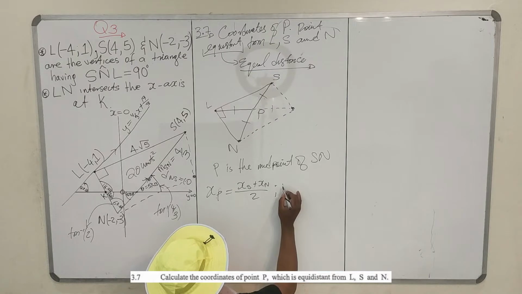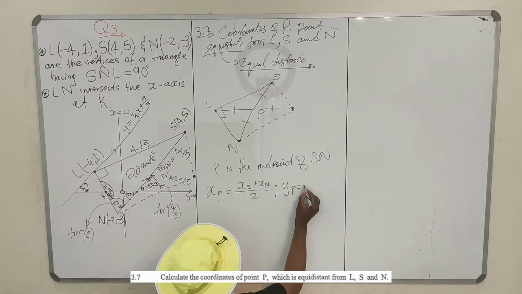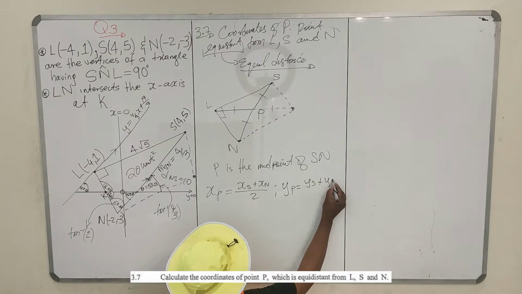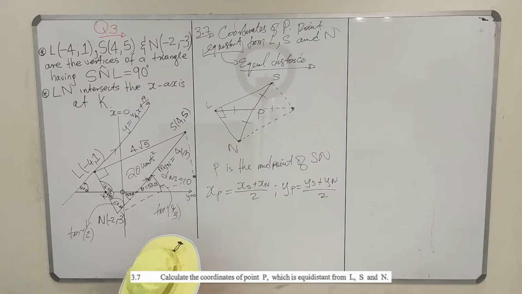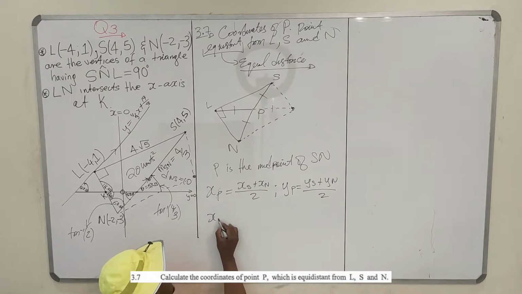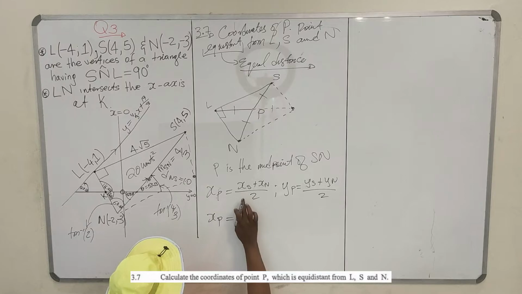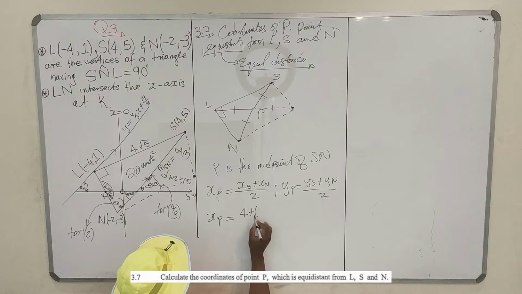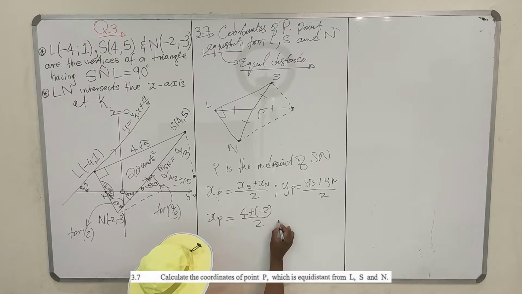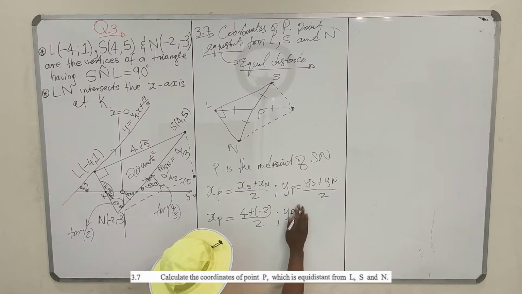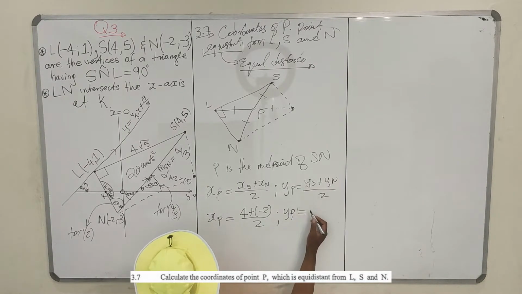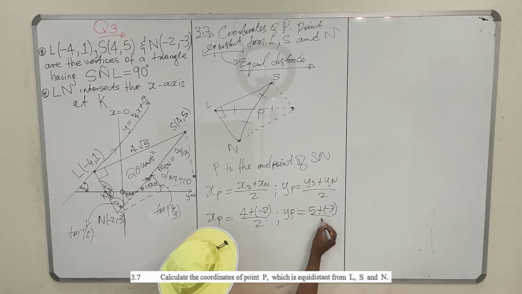And the y coordinate of P is the y coordinate of S plus the y coordinate of N, divided by 2. So the x coordinate of P is 4, the x coordinate of S, plus minus 2, the x coordinate of N, divided by 2. And the y coordinate of P is the y coordinate of S, which is 5, plus the y coordinate of N, which is 3, all over 2.